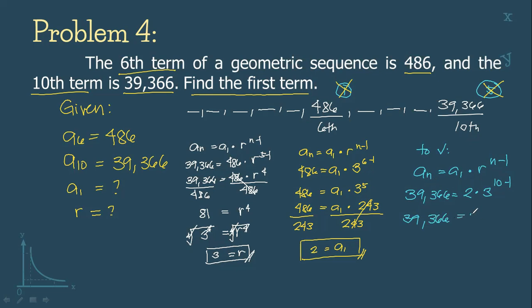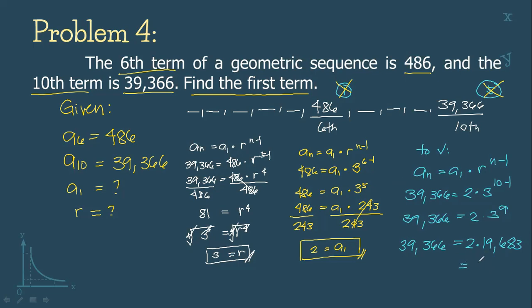So that is equal to 39,366 is equal to 2 multiplied by 3 raised to 9. So 3 raised to 9 po, that is equal to 19,683. So 39,366 is equal to 2 times the 19,683. And kapag si 19,683, i-multiply natin by 2, that is 39,366.